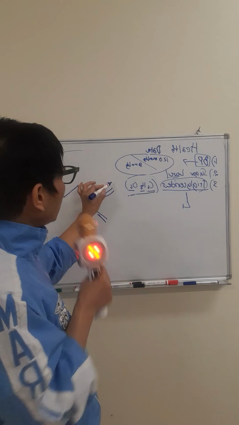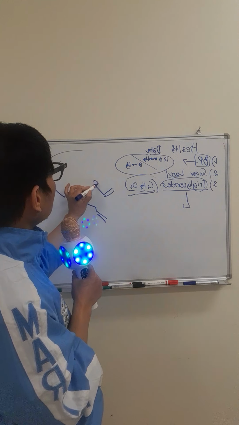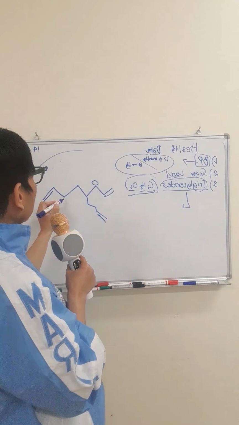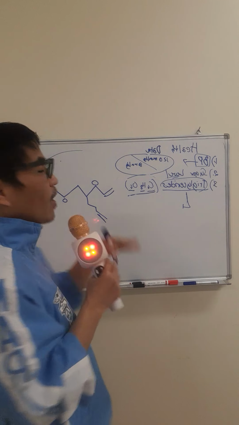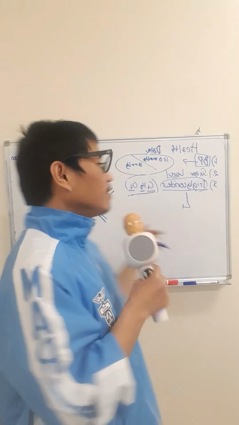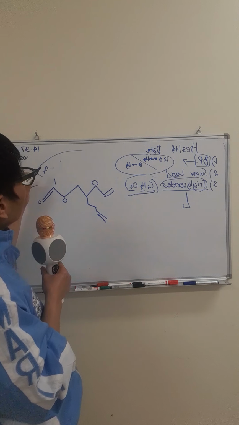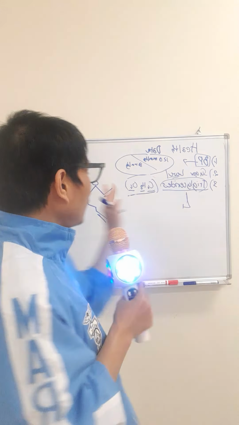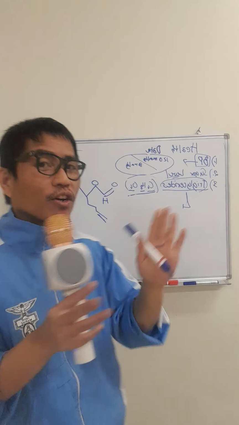If you have the oxygen atoms here, the oxygen will be on the opposite side, and then the oxygen will have another oxygen as a partner on the side, and hydrogen. If you have hydrogen on top, you have the opposite hydrogen on the other side, and this is oxygen because I said earlier, partner with oxygen.